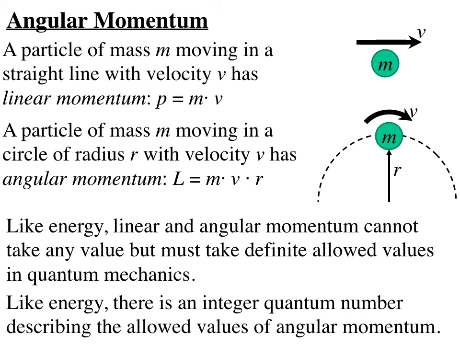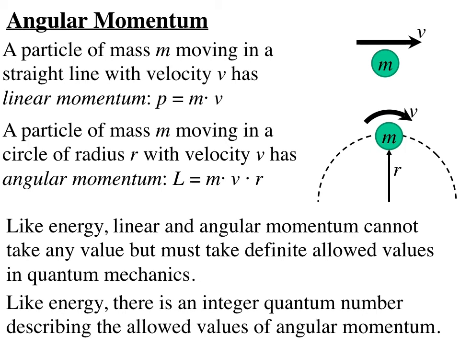Okay, so like energy, both linear and angular momentum cannot take any value they want. So they are not continuous. They can't be explained by just allowing an electron spinning around an atom to have any amount of angular momentum at once.